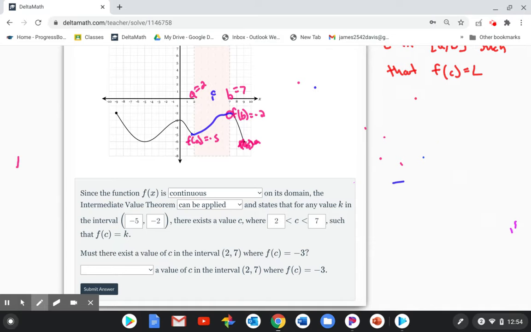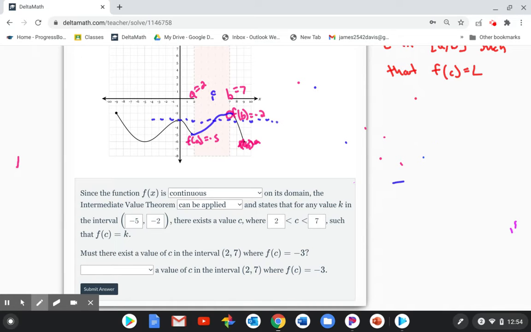Must there exist a value of c in the interval 2 to 7 where f of c is -3? In other words, do we have to cross -3 in order to connect this function? The answer to this one, if we were to draw a dotted line across -3, is absolutely yes. There's no way to get from -5 to -2 without crossing -3. We can't just skip that one.